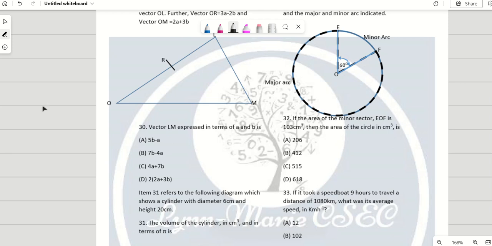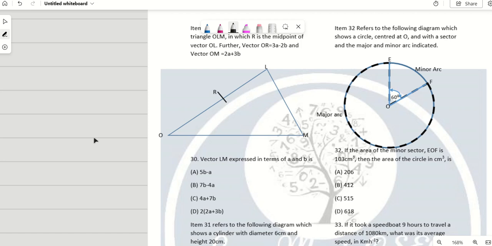First off, I don't even know why they told you R is the midpoint; that has nothing to do with it. LM would be equal to LO plus OM.